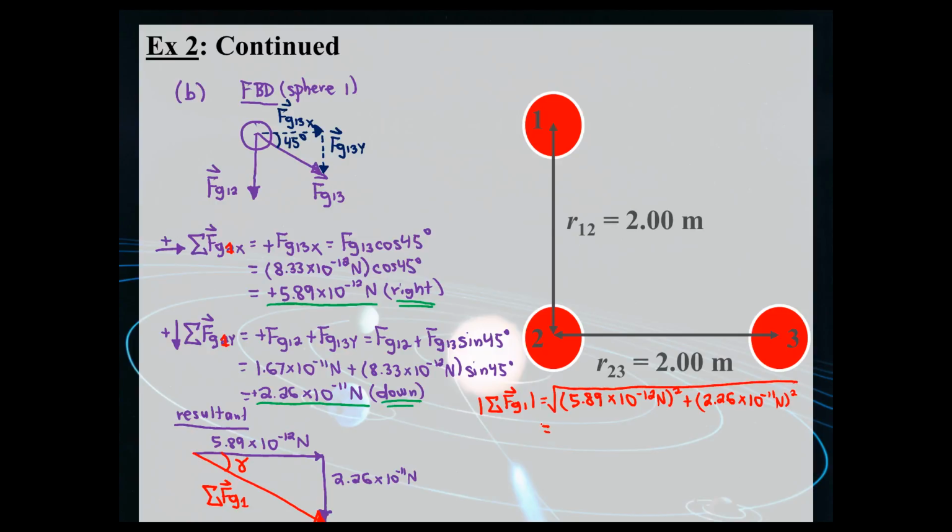And then that would be equal to, as a part of your final answer, so we can go to significant digits now. So I get 2.3 times 10 to the negative 11 newtons.